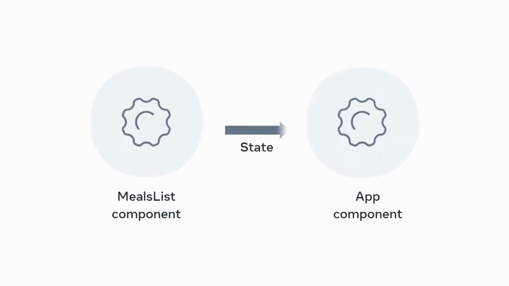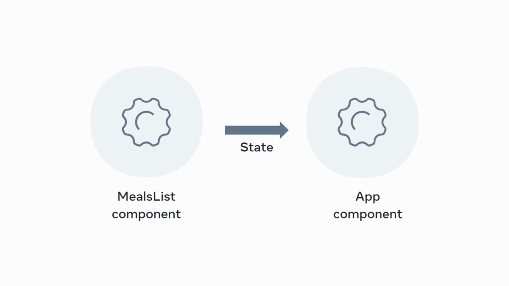First, you can simplify the meals list component by extracting the returned value into its own component. Then you can work with the separate components to display different meal items. So let's call this new component meals item. To do this, you can use the practice known as lifting state up. This means that you move the state from meals list up to the app component.